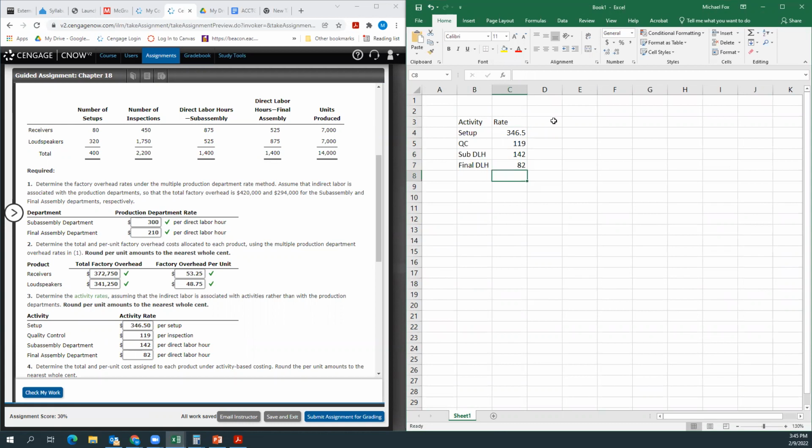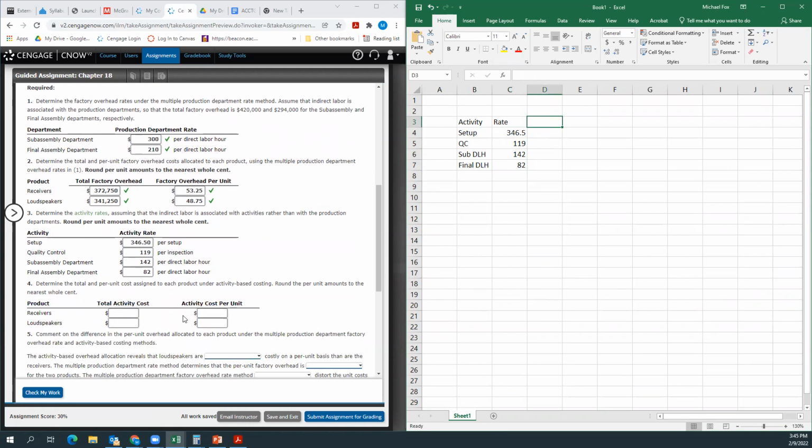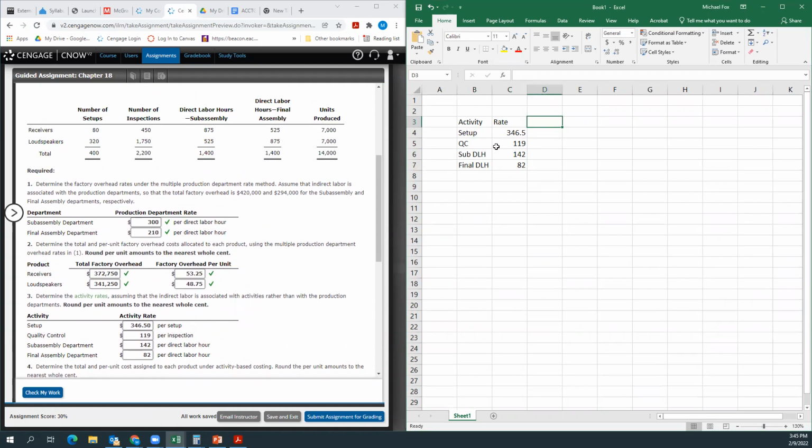So now, because I'm trying to find the total cost for receivers, I can ask how many setups were there in the receivers? There were 80. How many quality control inspections? There were 450. How many subassembly direct labor hours? 875. I'm getting all of this right here. And then how many final assembly direct labor hours? There were 525.